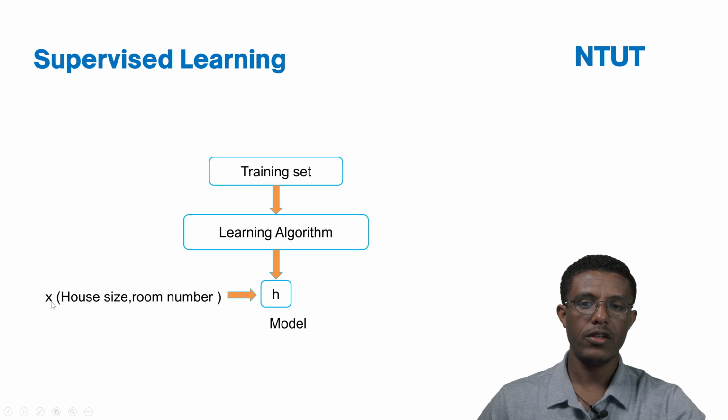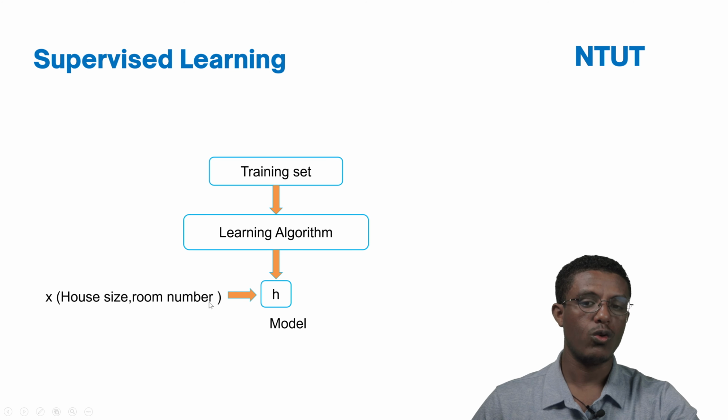In the test data, we only give the house size and room number, but not the price. When we input this, the model, based on this information and the previous learning from the data, automatically predicts the price of the house.